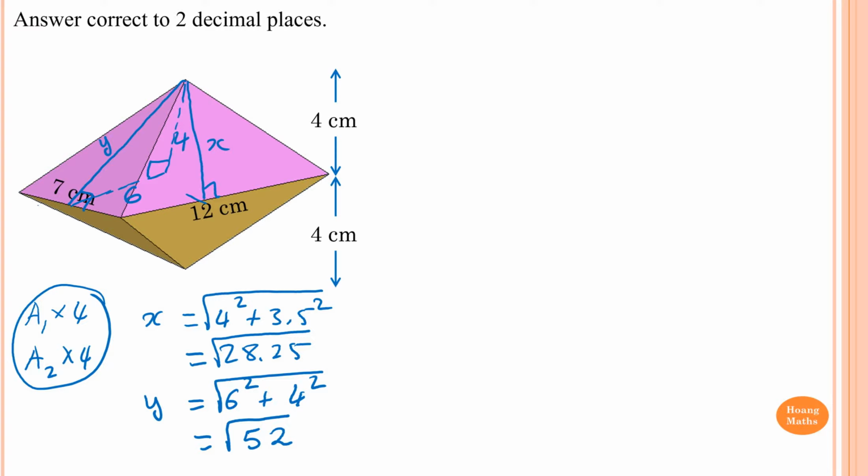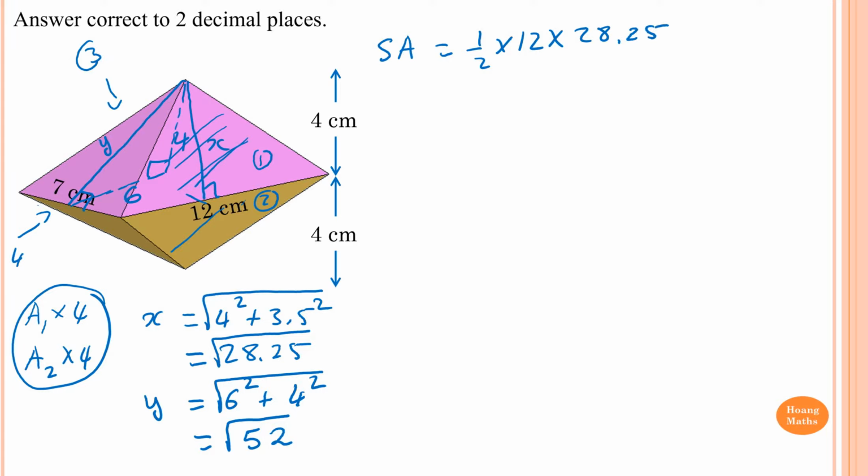So what I do, I can do all together. The surface area is equal to, the first one, I just do this one first, okay? So this one, and I times by 4, because you have 1, 2, and the back here is 3, and the bottom back there is 4. So 4 sides the same. So I do a half times the base, which is 12, times x. So x is the square root of 28.25.